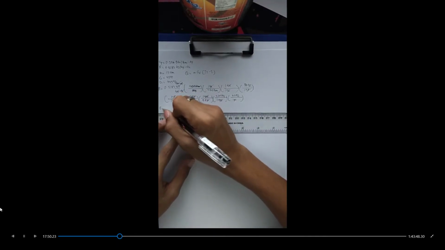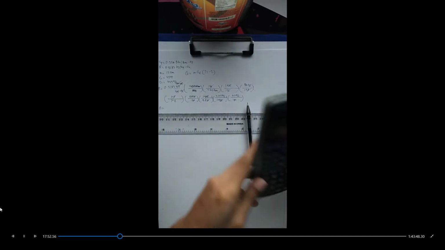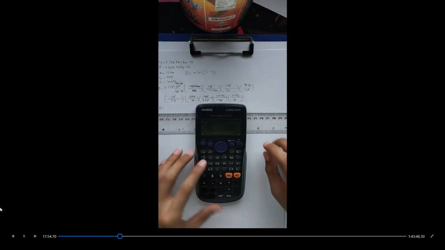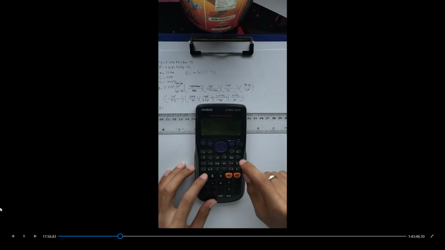So the last step in solving for my R, converting my R, is now multiplying my constants.